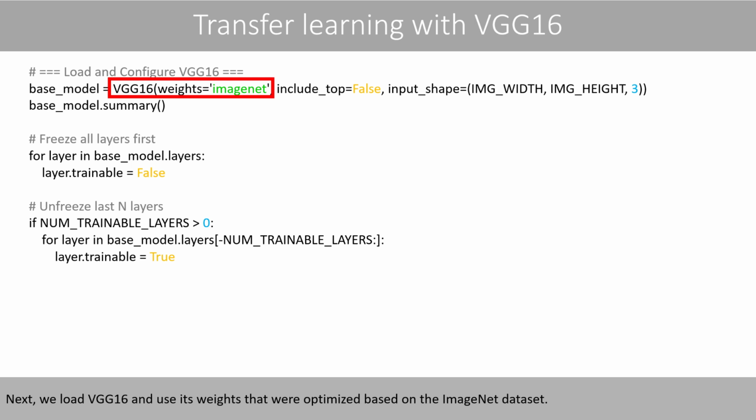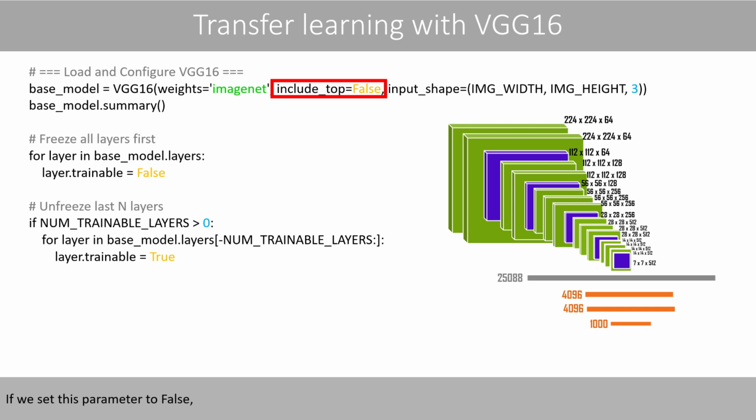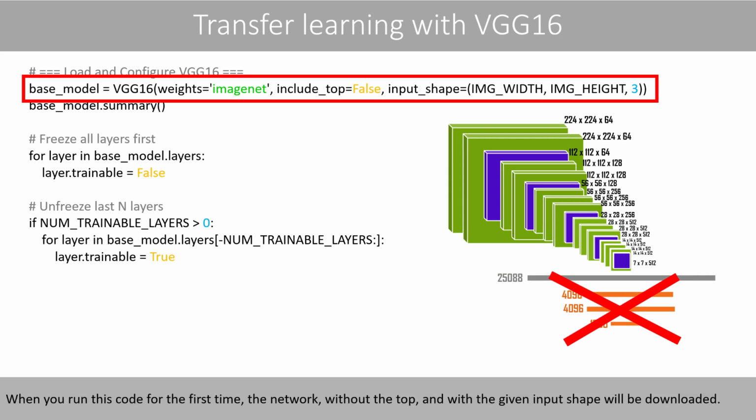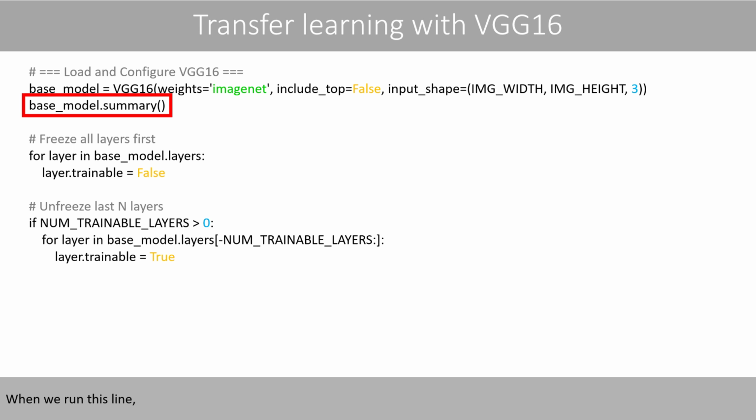Next, we load VGG16 and use its weights that were optimized based on the ImageNet dataset. If we set this parameter to false, it means that we only keep this part of the network. When you run this code for the first time, the network without the top and with the given input shape will be downloaded.